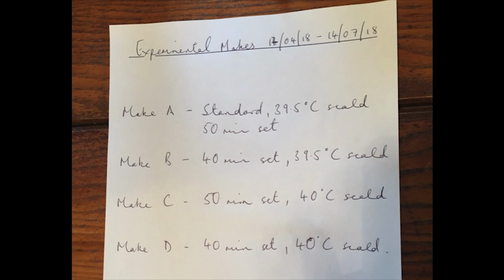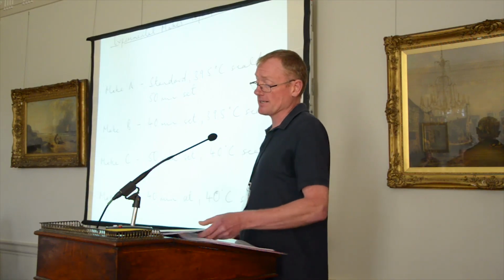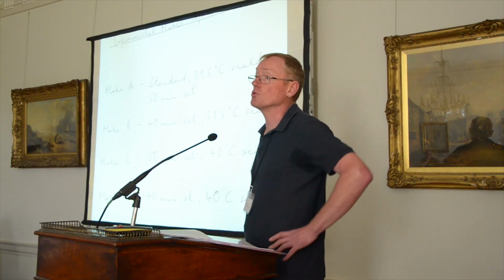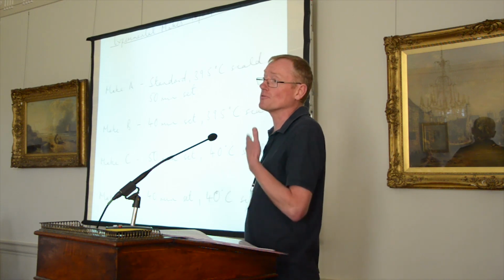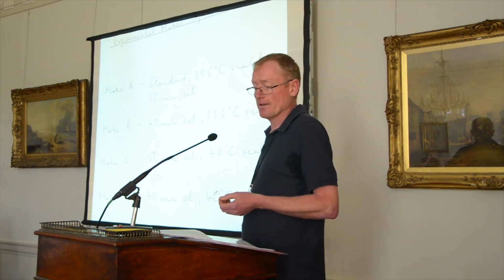So I just want to hedge my bets. If in the long run it can be proved that the 40 degree scald does work in the main for the raw milk makes, then I'll change it all. So time will tell. Experiments with cheddar require an awful lot of patience because you've just got to wait so long before you get any feedback.